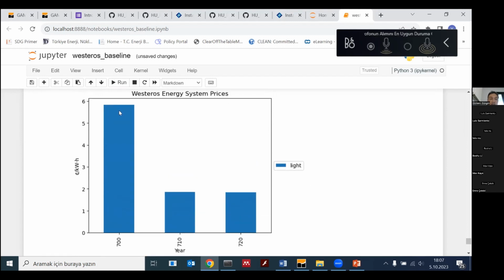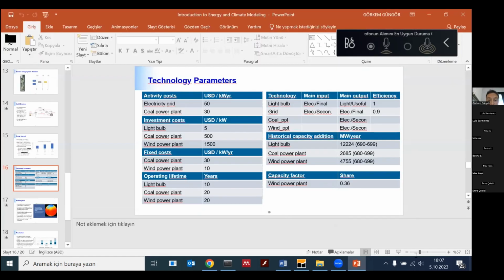This is actually what the society has to forego for achieving the baseline energy mix, which we defined as soft limits in the model.